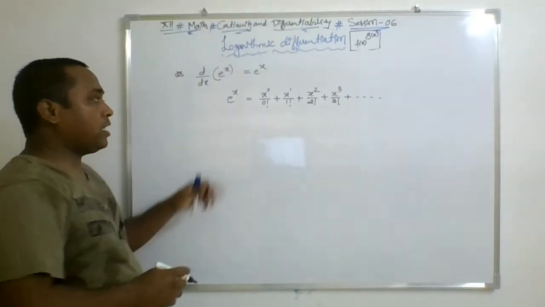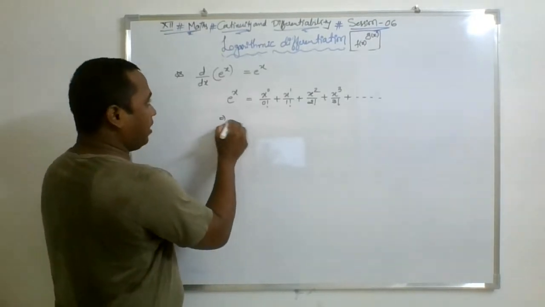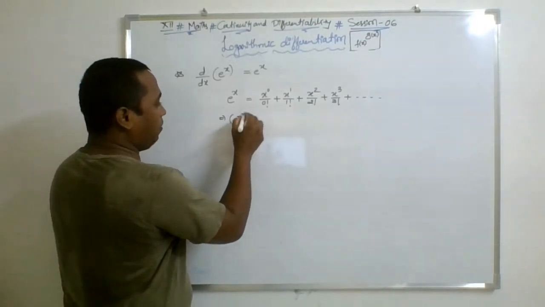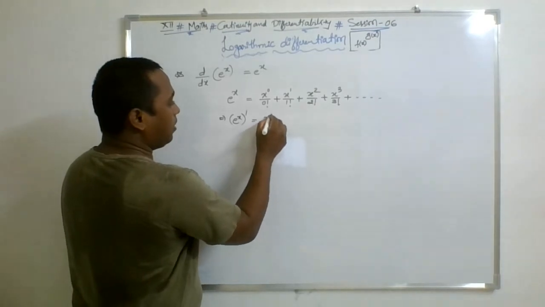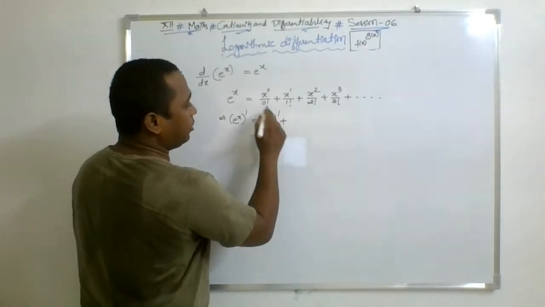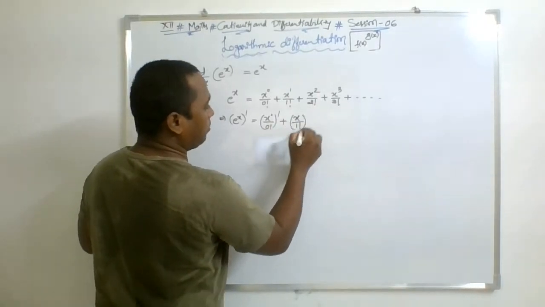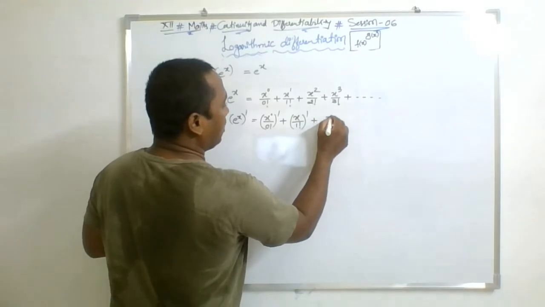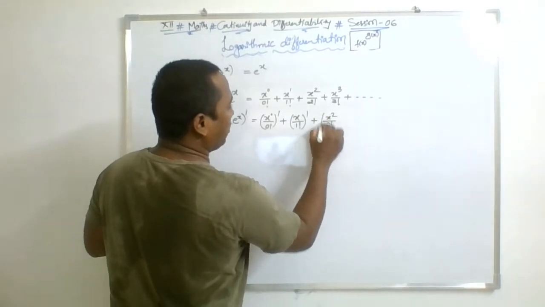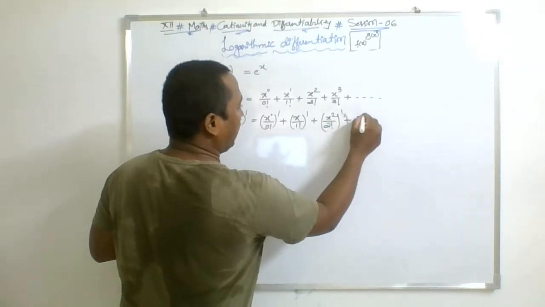So if you start differentiating e power x, the derivative of e power x means the derivative of each part here, the addition of the functions. So you can take the derivative of all these functions, and you can see it again generates e power x only.